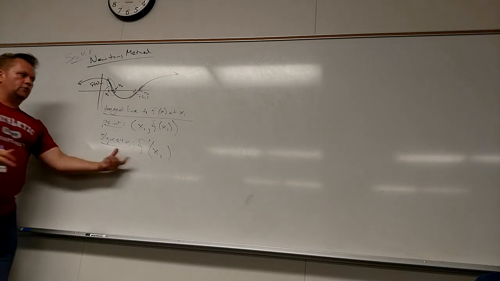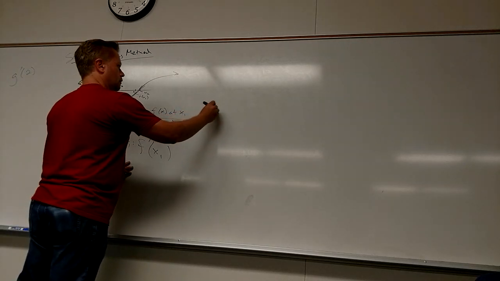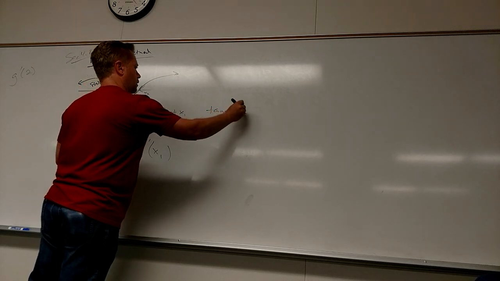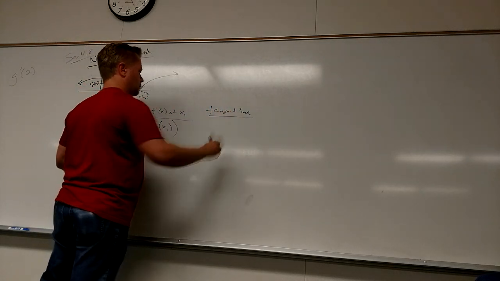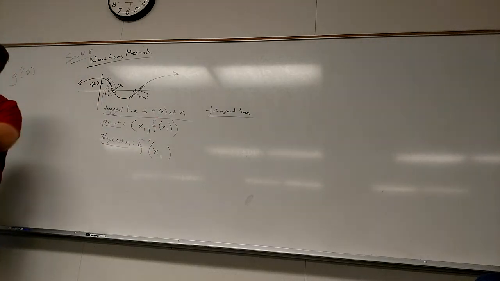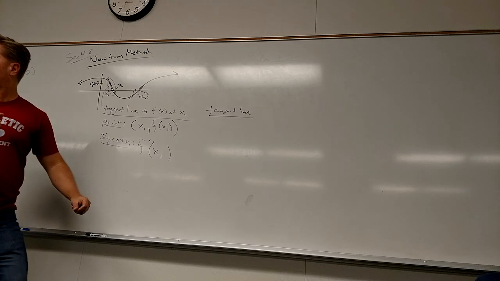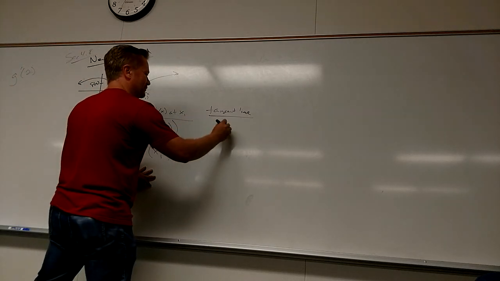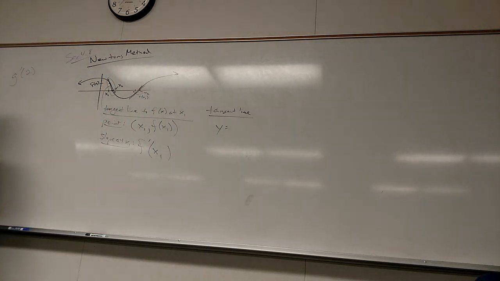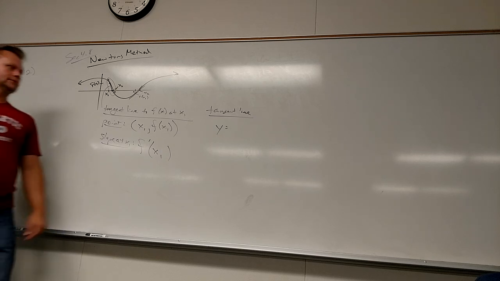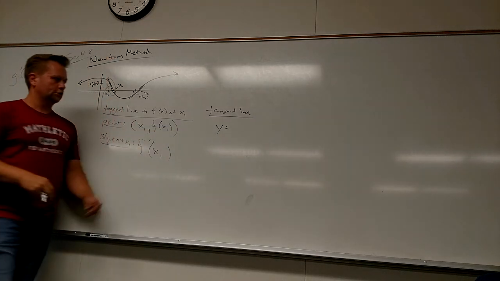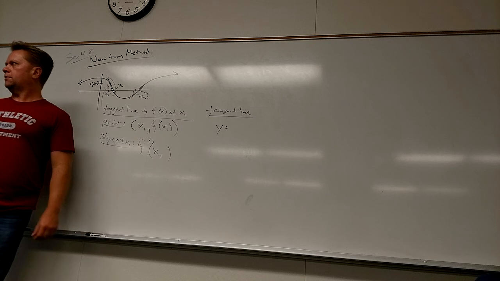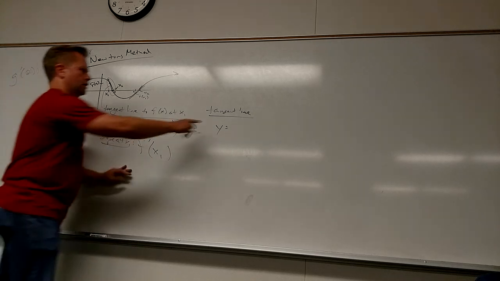So what's the tangent line equation now? Y minus y1 equals m times x minus x1. So let's do the whole thing.